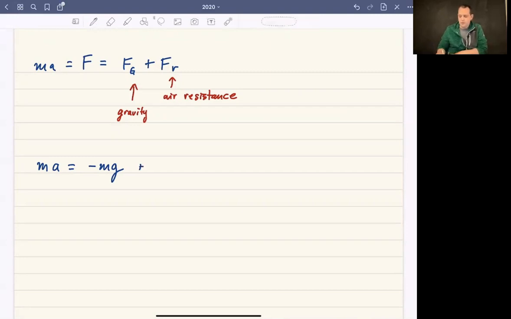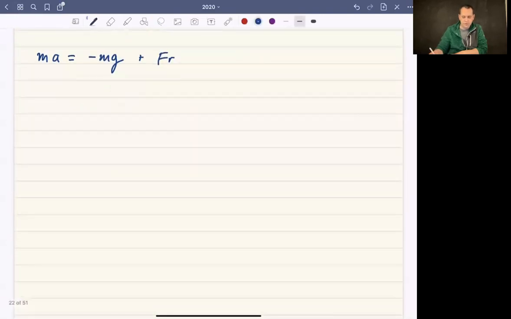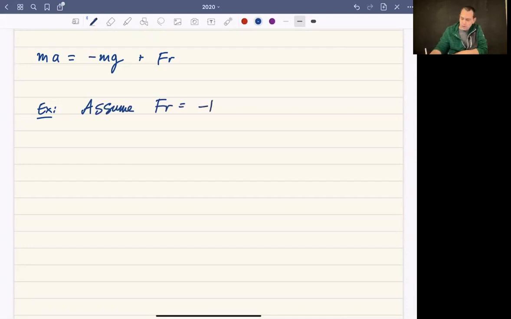We'll have to figure that out at the time, and we'll use a few different models. So let's do the same problem where we drop the ball, or whatever you want to think about, off the Empire State Building, but let's assume that the air resistance, F sub r, is proportional to the velocity that the ball is traveling.